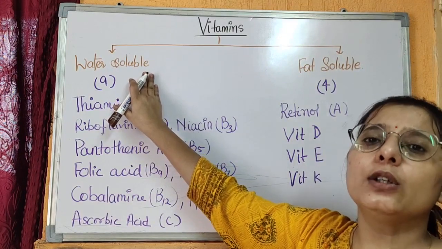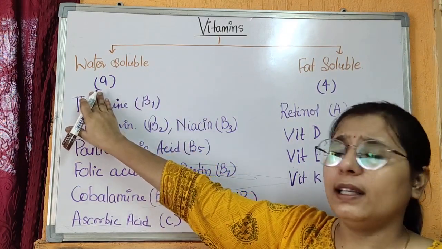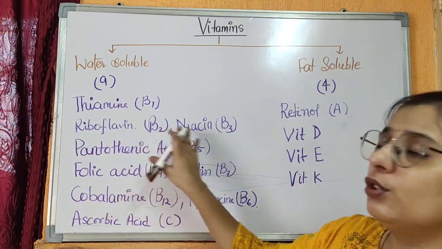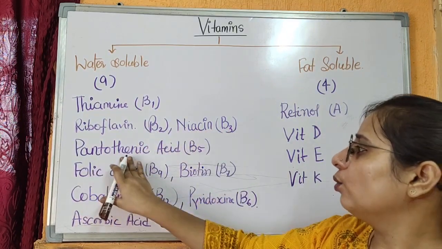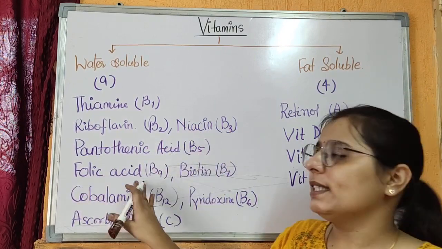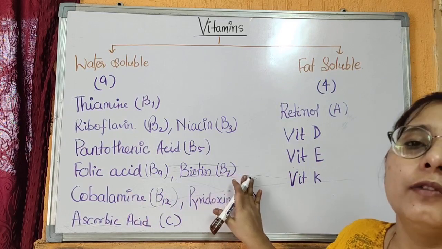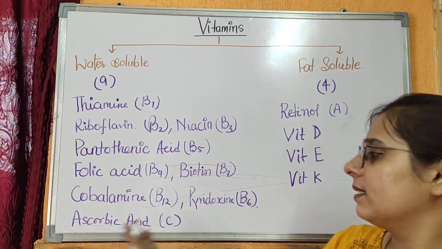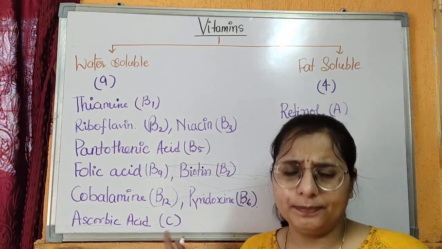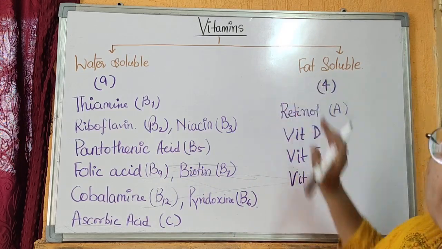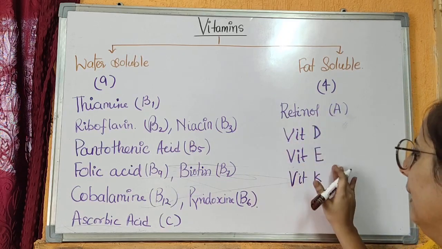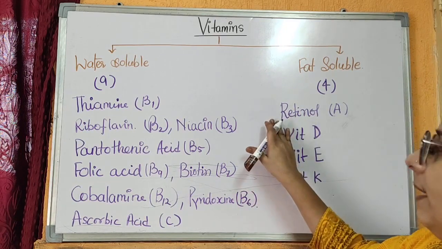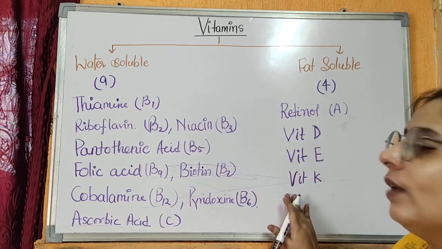Water soluble vitamins include a total of 9 vitamins: thiamine, vitamin B1; riboflavin, vitamin B2; niacin, vitamin B3; pantothenic acid, vitamin B5; folic acid, vitamin B9; biotin, vitamin B7; cobalamin, vitamin B12; pyridoxine, vitamin B6; and ascorbic acid, that is vitamin C. Now the fat soluble vitamins include vitamin A, D, E, K. Vitamin A is called retinol.